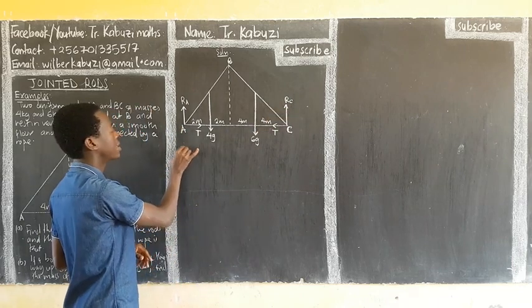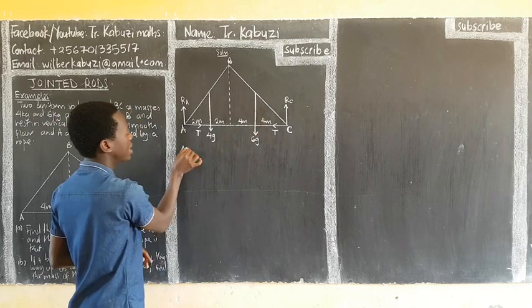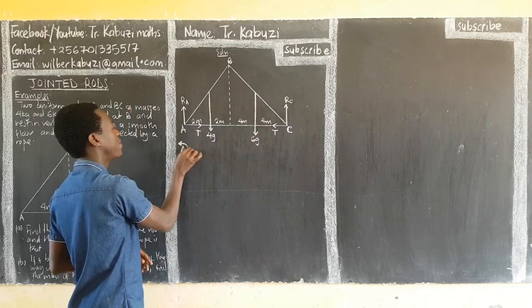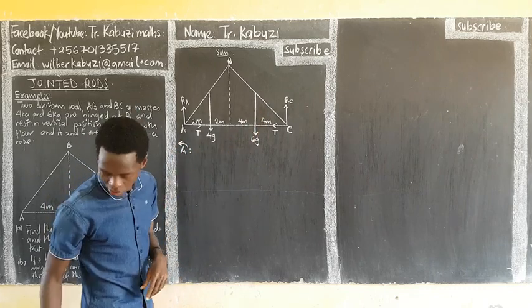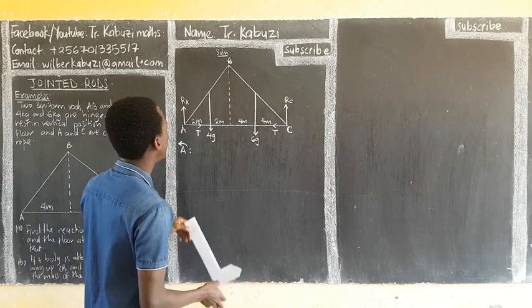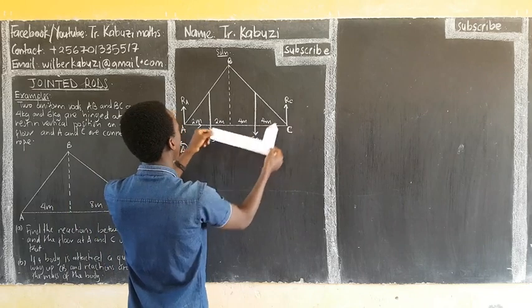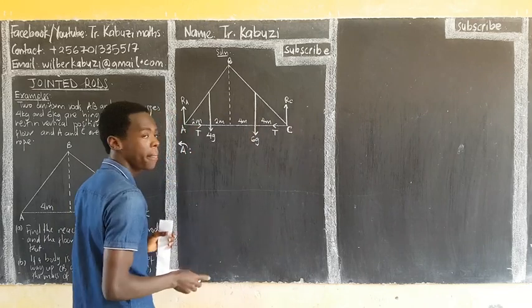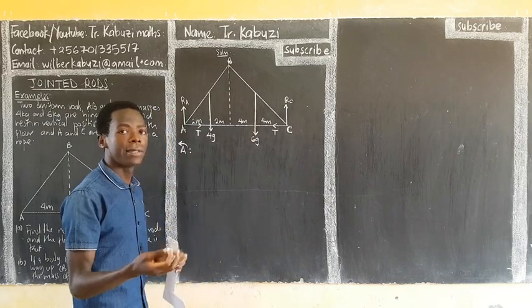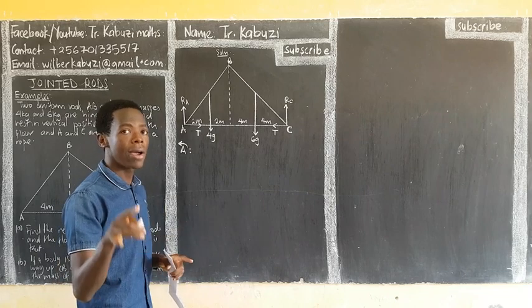So when you take moments, you see C is going upwards, so this means I'm taking moments at A, anti-clockwise. Now, you see, forces acting anti-clockwise from here, we have only this one going up. I think this is anti-clockwise. We say moments are given by the force times the perpendicular distance from the point where I take moments.